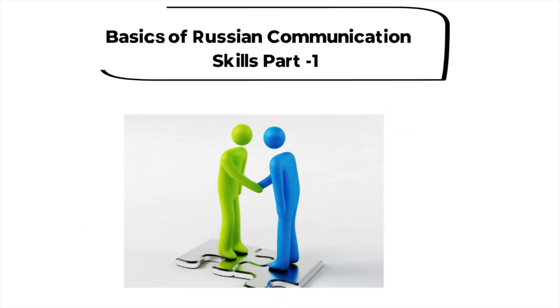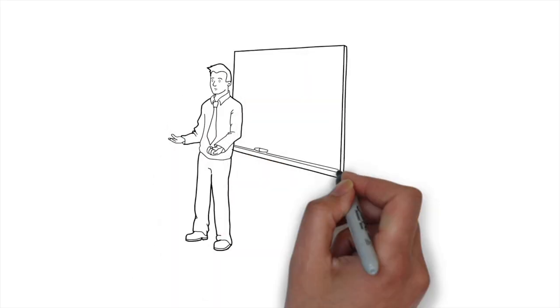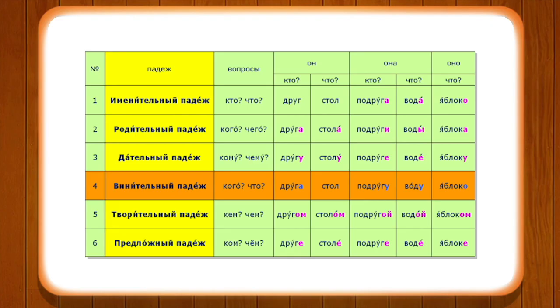As you know, in our previous modules we have discussed various cases of the Russian case system, and the basic expressions we use with the help of these grammatical aspects in order to express meaning through sentences. Largely in a sentence we use nouns, adjectives, pronouns, the conjugated forms of verbs, as well as many other aspects of Russian grammar.